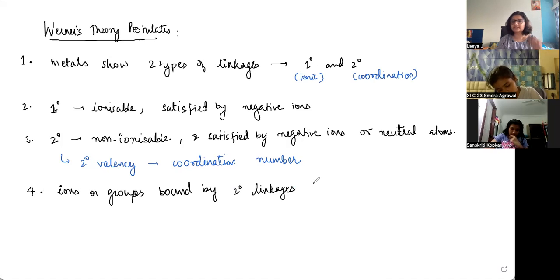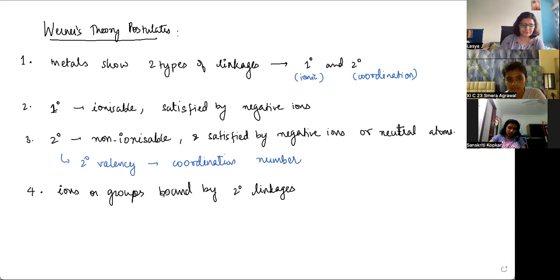Just like how in the case of covalent compounds we said that depending on how the bonds are arranged, they have a specific spatial arrangement, right? Tetrahedral, octahedral, pentagonal, trigonal bipyramidal. That way, even in coordination compounds, depending on the coordination number, like depending on how many bonds they are bound by, there's a specific shape to that particular molecular species. So that's what this point says.